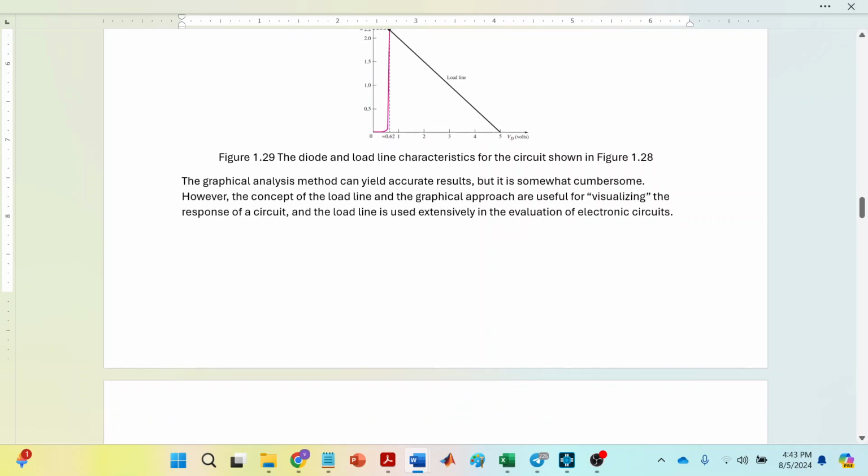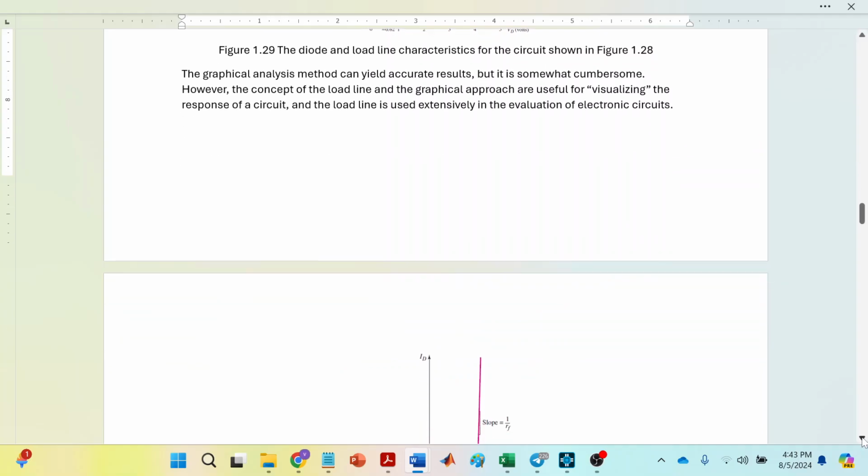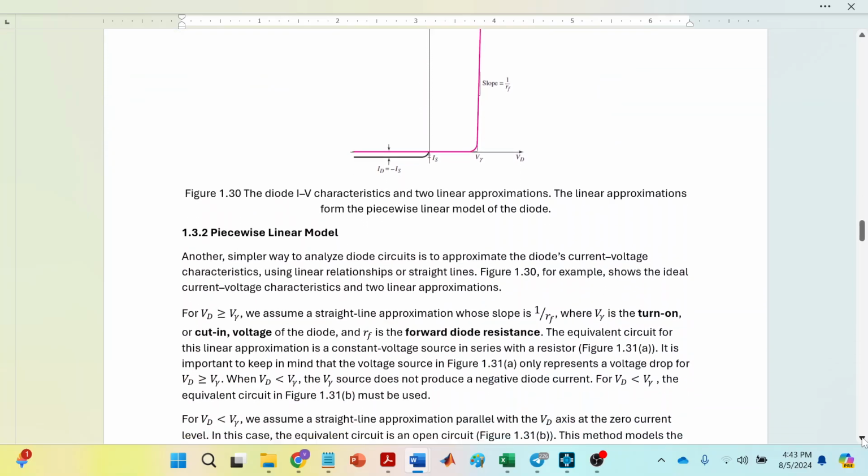But it's useful in the sense that you can use it to visualize the response of a circuit, and the concept of the load line is used extensively in the evaluation of electronic circuits, so it's worth noting.